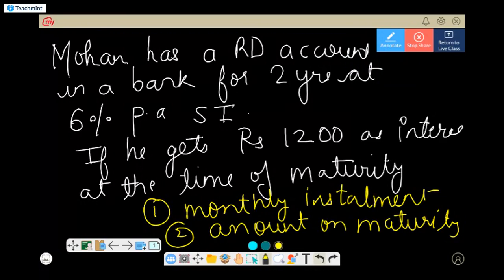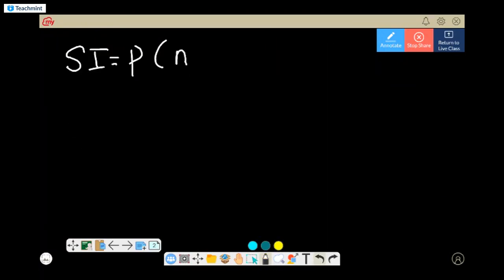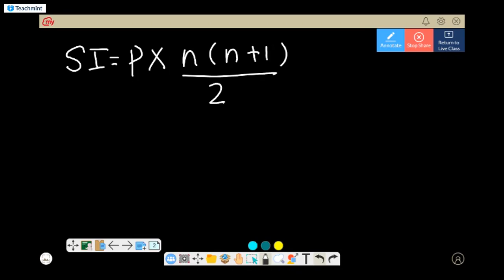Now the formula for your SI is P into n plus 1 by 2 into 12 into the R value by 100. Now P is the term that we don't know, so let's first fill up everything and then we will do the transposing.